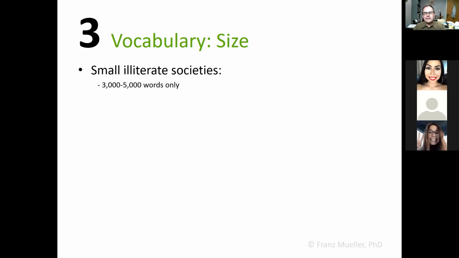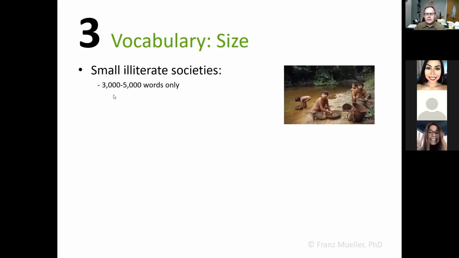So if you strip all of that away, which is thousands and thousands of specialized words that we would have, say, in English, you end up with a vocabulary that's rather smaller than that of a large language like English. Still, 3,000 to 5,000 words, that is a very large vocabulary.